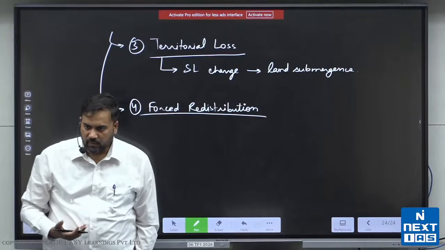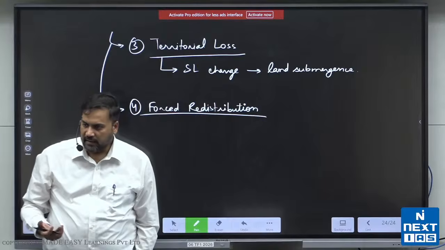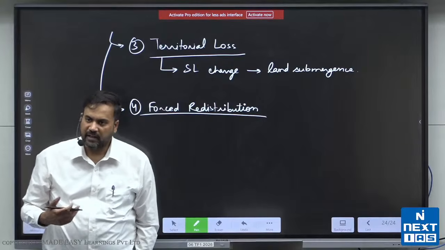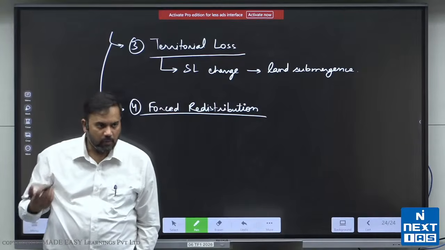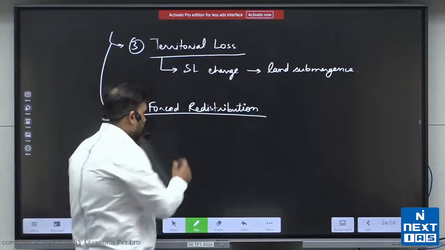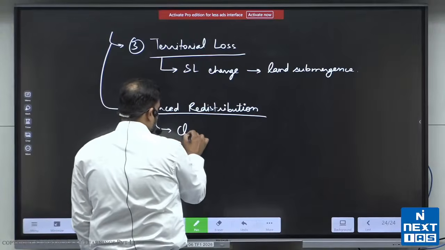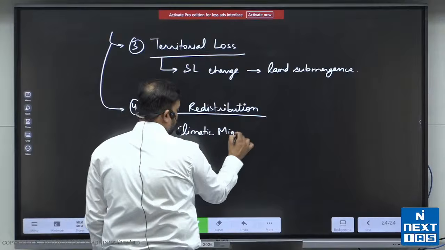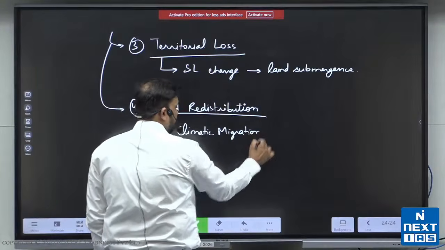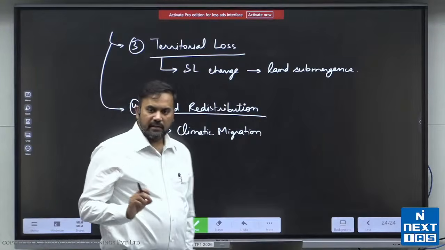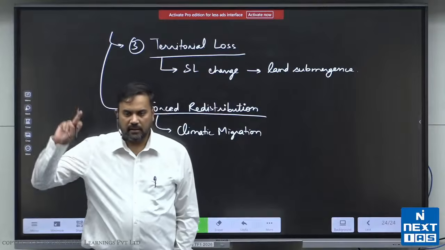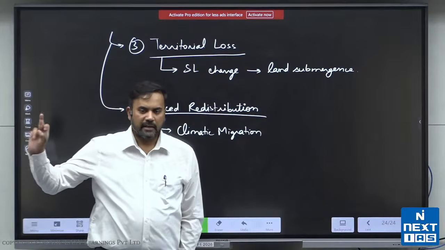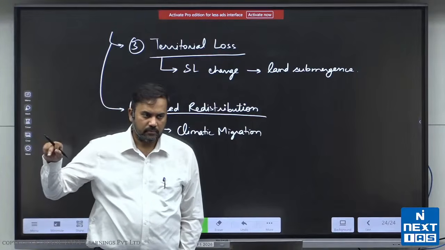Such climatic problems arising, hazards taking place or other type of climatic stresses leading to out migration. So that is what we are calling it as climatic migration. So tell me, is it possible that climatic migration in the destination can create overpopulation?